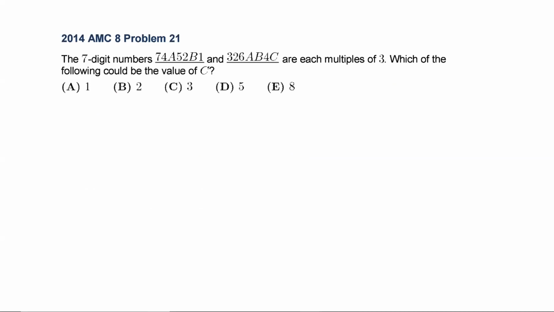So you'll get that A plus B has to be a certain thing mod 3. And you can't get exactly what A plus B is, but you can get the remainder when A plus B is divided by 3. Does that make sense?